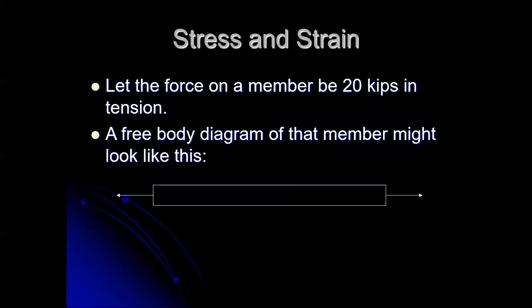So that might be what the free body diagram would look like, with each arrow labeled 20 kips: 20 kips to the left on one end, 20 kips to the right on the other, keeps it in equilibrium. But that means that the member has a force of 20 kips on it, and it's 20 kips in tension.